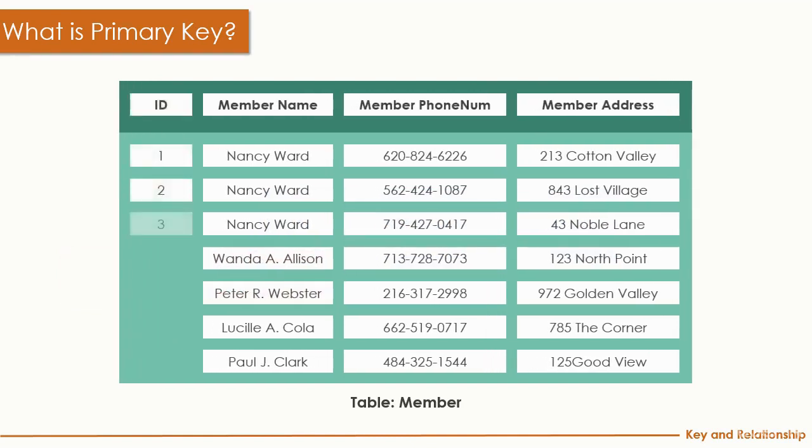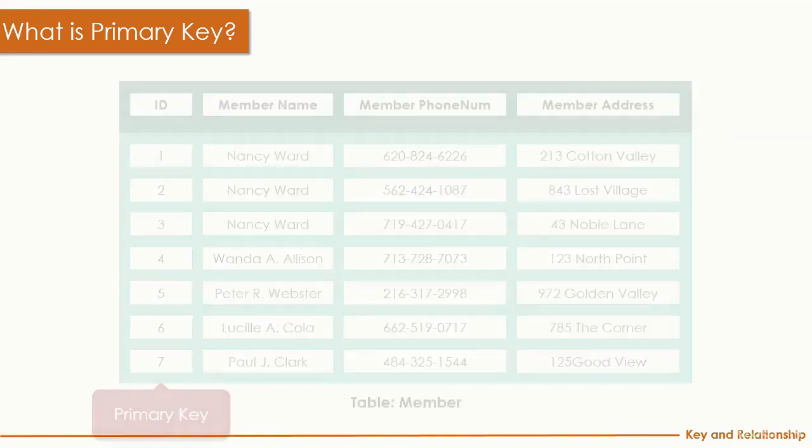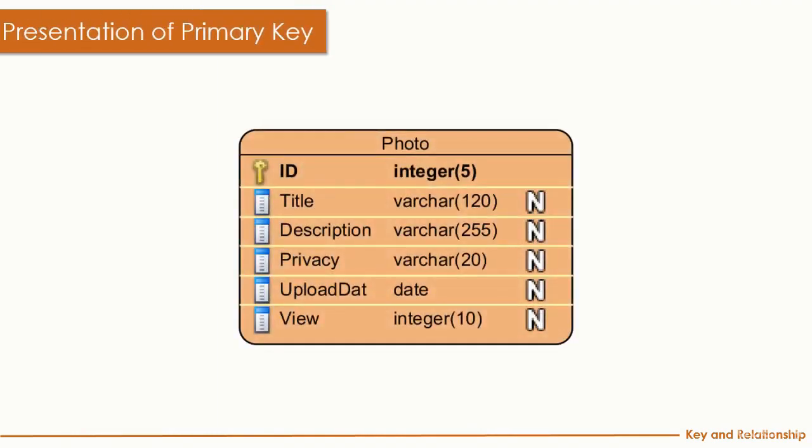In this case, we need to introduce another column called ID to identify which row of data you expect. So you can say, I want the phone number of ID number 2, something like that. The representation of the primary key is a key icon on the left hand side of the column.